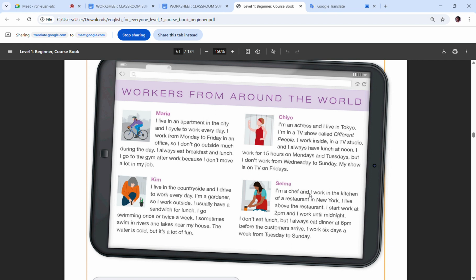Now Selma says she's a chef, just like Sam and Seba. I think she works with food and with people, right? So she's saying that she works in a kitchen, in a restaurant.